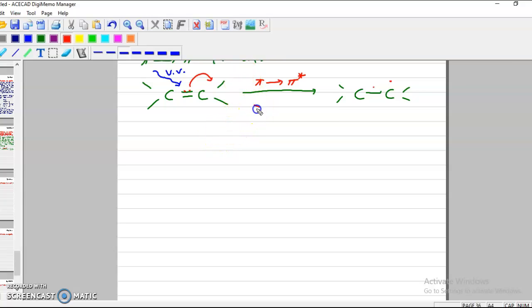This requires normally 200 or greater than 200 nanometer wavelength radiation.